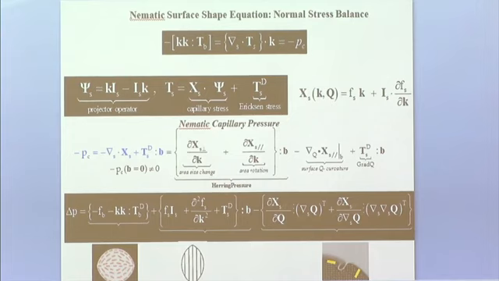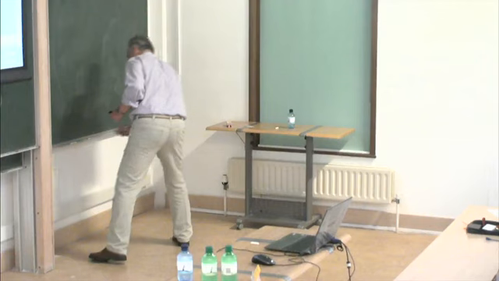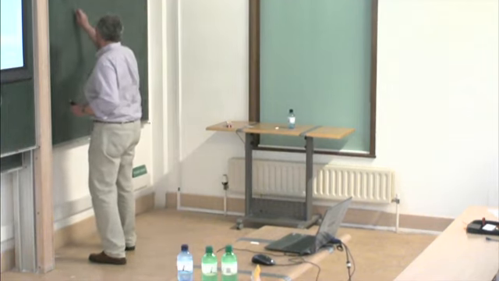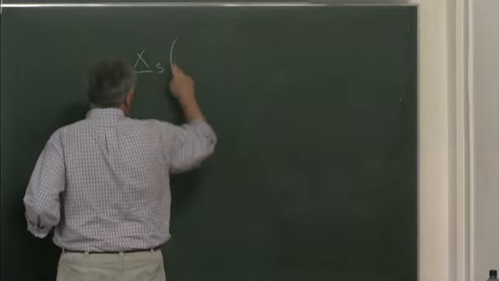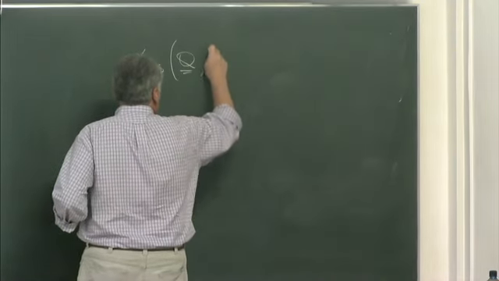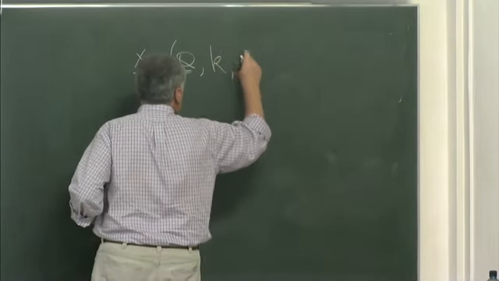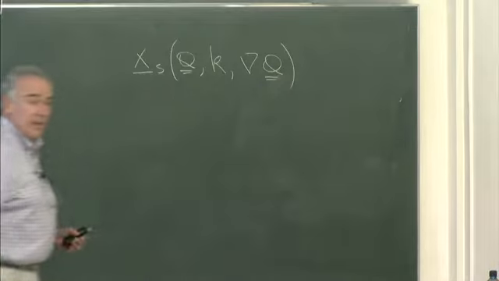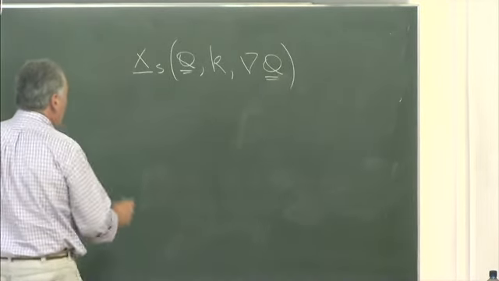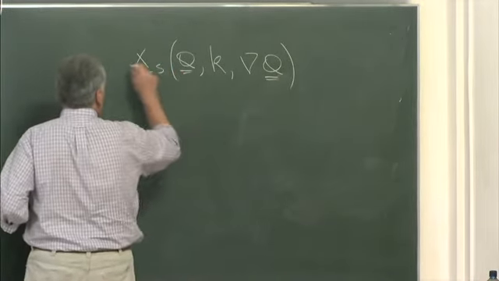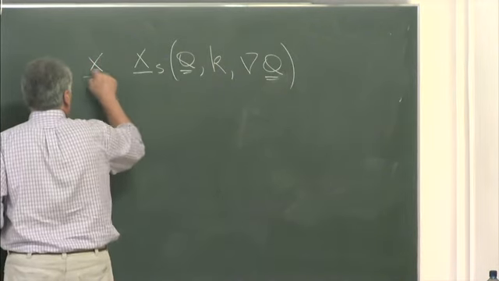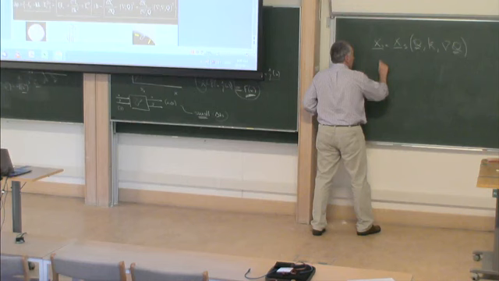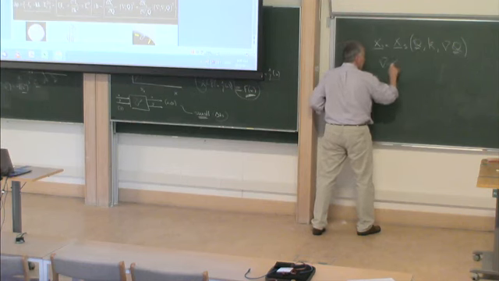This is the nice, clean, beautiful result: this vector is a function of Q, K, and grad Q. So the only thing you have to do is take the divergence of this guy.